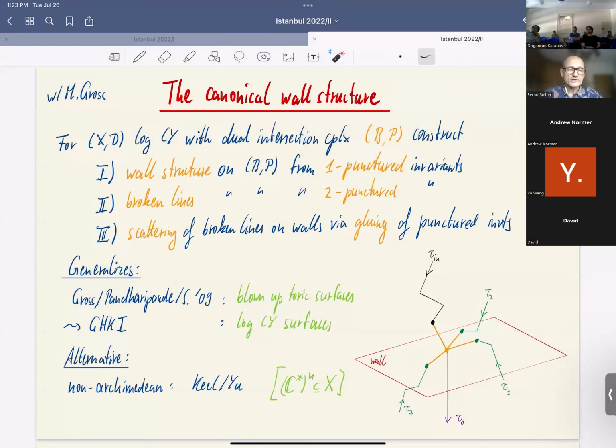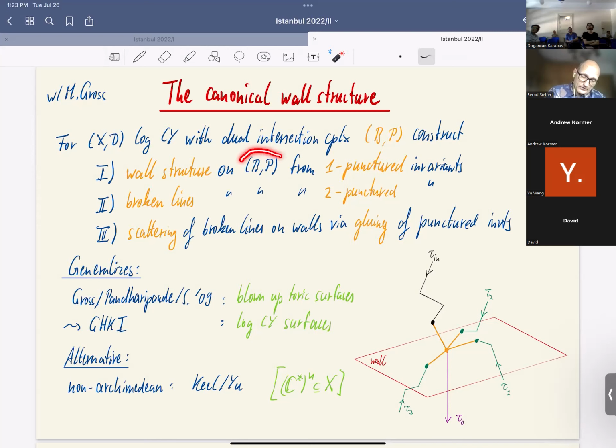Okay, canonical wall structure. So my aim here is to tell you, well, to be honest, I hope that Julia would have told you, well, she certainly told you last Friday, or those people who attended her talk. Others can still pull it up from the internet.